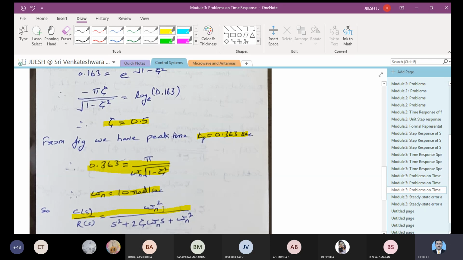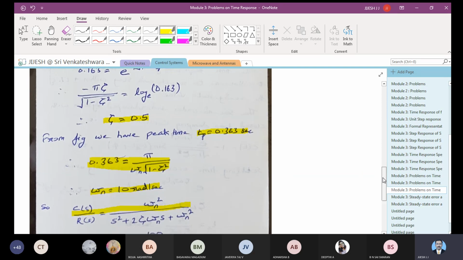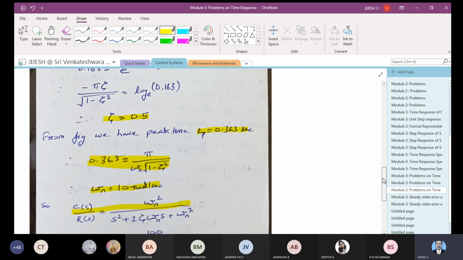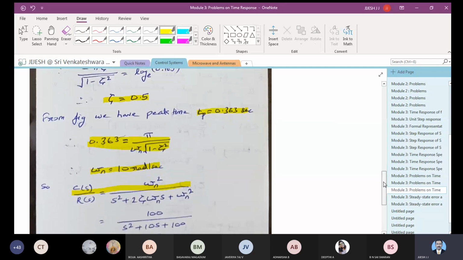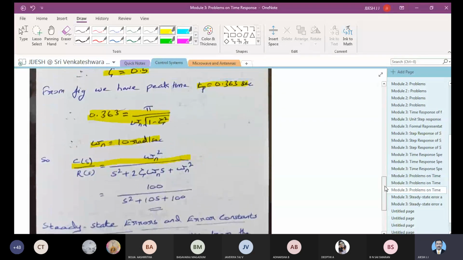Substitute those values and write the equation for the transfer function for a second order system. It will be 100 divided by S square plus 10S plus 100. This is the answer you are going to get for the transfer function for a second order system.